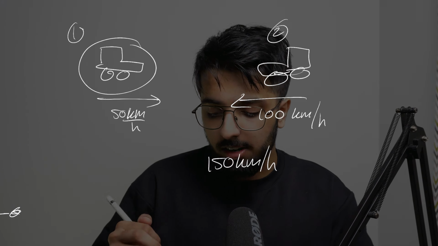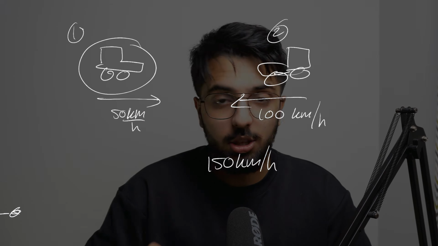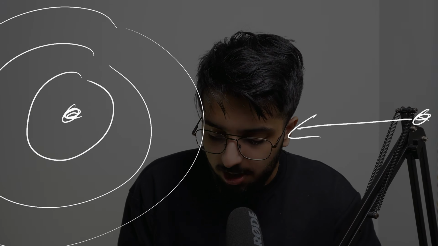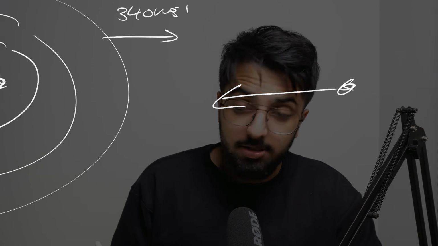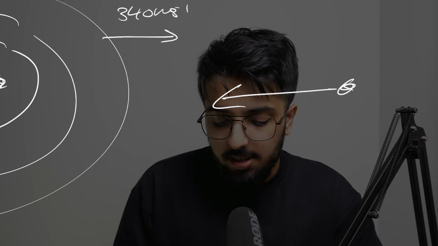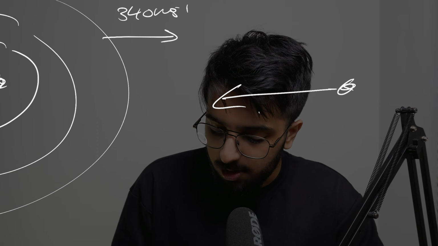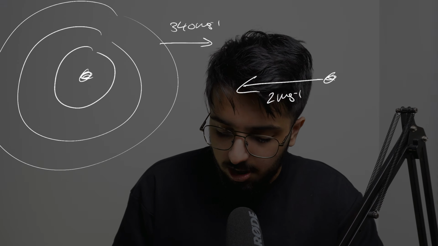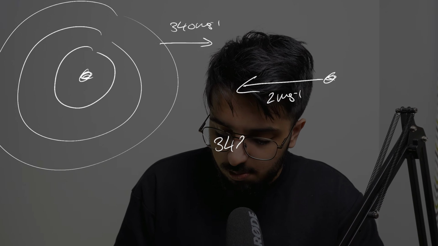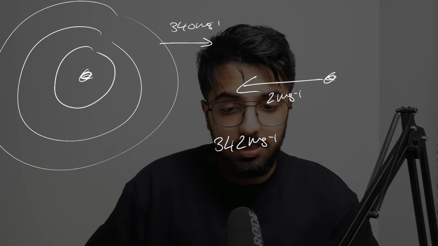And so if these waves are moving at 340 meters per second, but the observer is, let's say, running at these wavefronts at 2 meters per second, then relative to the observer, these wavefronts are moving at 342 meters per second. And so we need to take that into account.